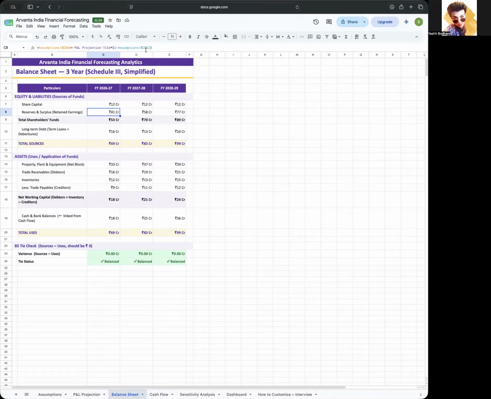However, not all profit is retained. So the model subtracts the dividend payout percentage because that portion is distributed to shareholders. Only the remaining profit is added to the retained earnings.